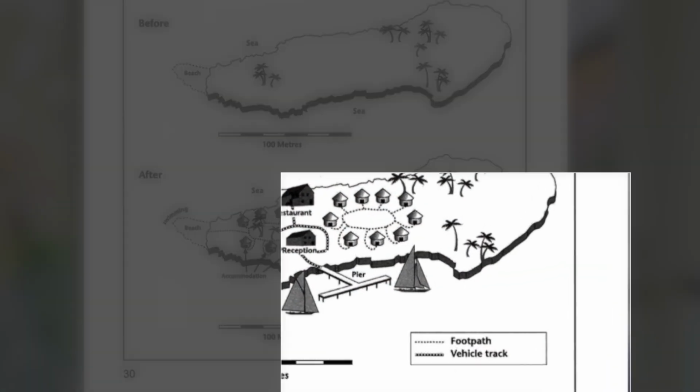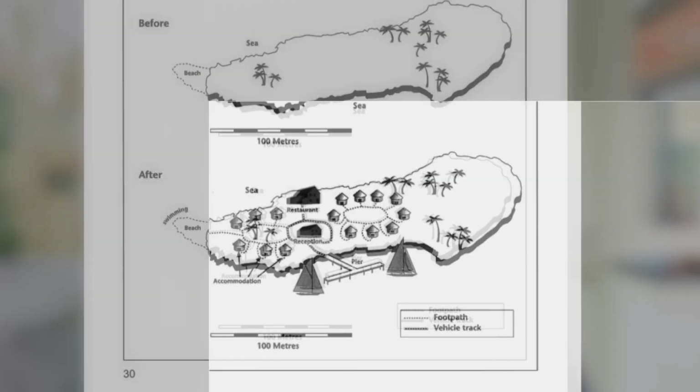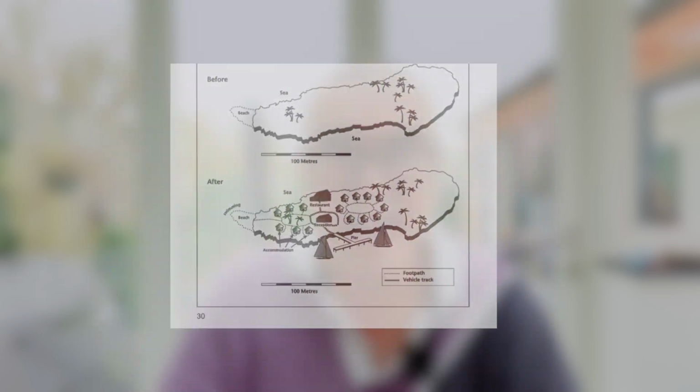The overview is just a description and a general idea, a mention of the 2 or 3 of the biggest changes. Also, in the overview, you are only mentioning the biggest changes, but there are other changes. In the map, for example, there is mention of a footpath and also a mention of a vehicle track. You would need to describe that as well.